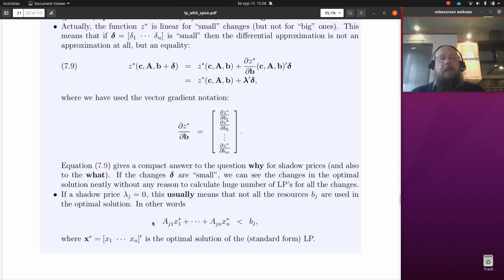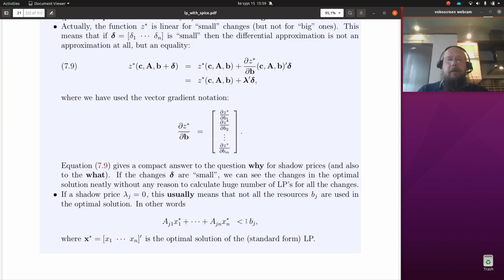So it means that if I look, so this is for j, this is the constraint there is, I put there the optimal solution, there was the upper bound Bj, now it's strictly less, so it's not completely reached, so there is some slack there. So this is sometimes related to what is called complementary slackness. And this of course makes sense.